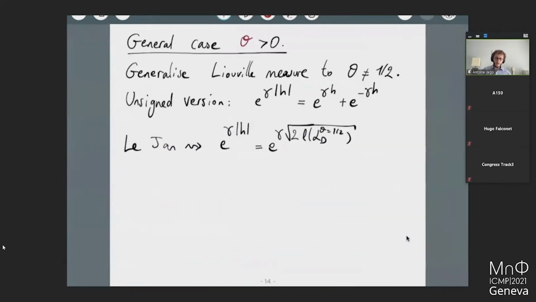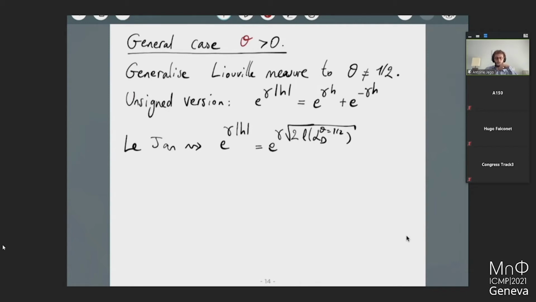More generally, our work is not at all restricted to the critical case theta equals a half. In order to make sense of such questions, we need to generalize the notion of Liouville measure to any intensity theta, and this takes a big portion of the article.